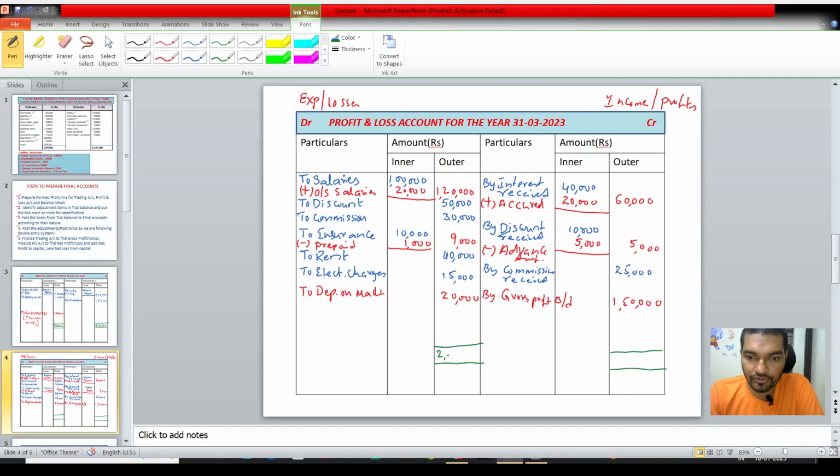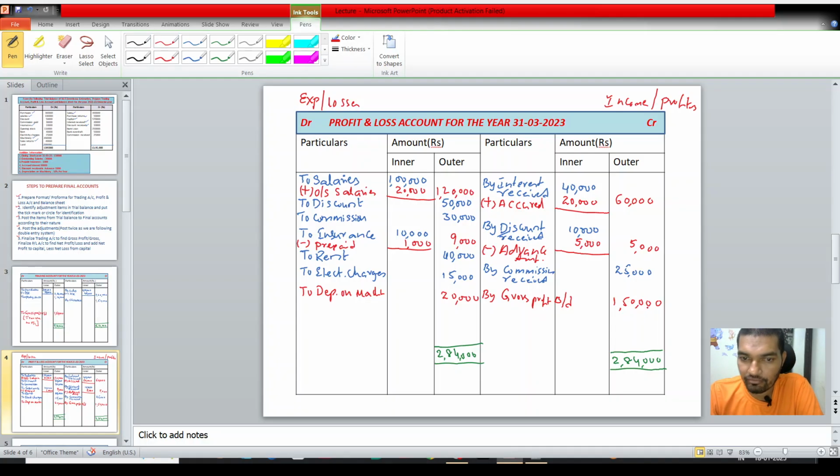We need to show here 2,84,000. Here the debit side balance is more than the credit side balance. 2,84,000 minus 60,000, 5,000, 25,000, 1,50,000. So 44,000 rupees is the difference.